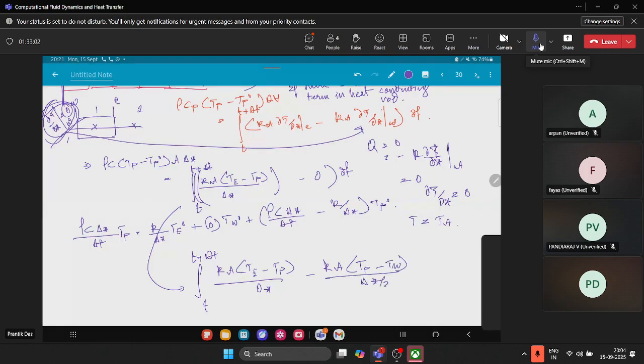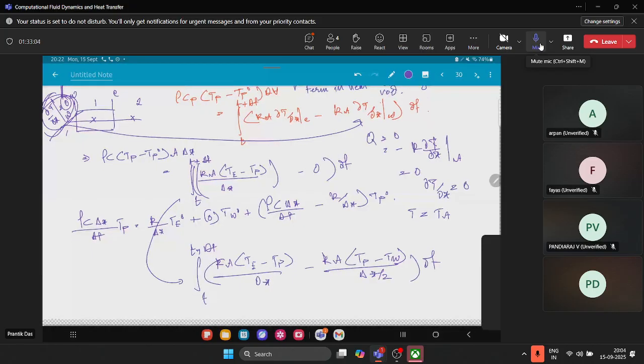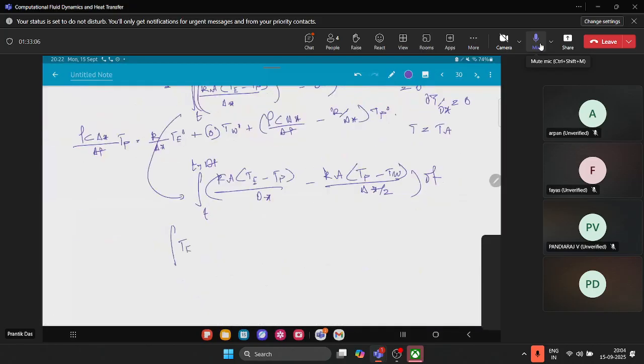And then if this is dt, so you already know that the integral of Te dt is what? It can be written as theta Te plus (1 minus theta) Te naught.